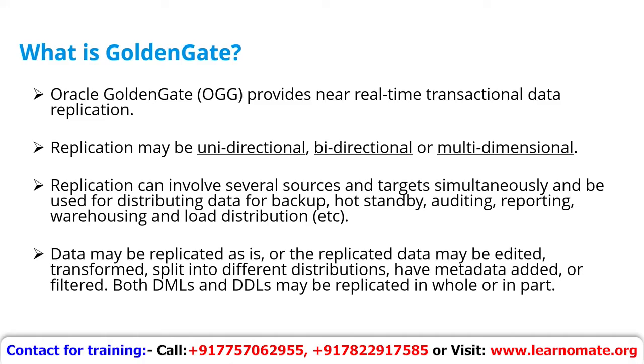One of the major advantages with GoldenGate is it supports data filtration as well as data transformation. That means if you want to filter out any transaction, you can do that with Oracle GoldenGate. Or if you want to do data transformation, GoldenGate supports that. By data transformation, we mean, for example, on source you have salary and commission columns, and on target you have only a salary column.